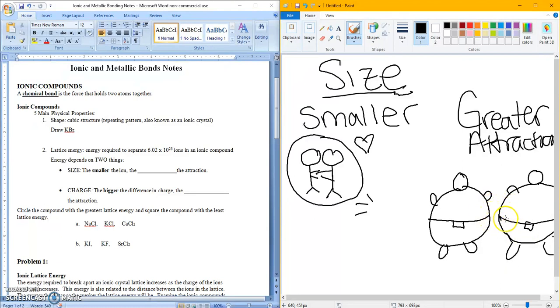So because they're so big, they're kind of trying to grab each other and get their arms around each other, but it's pretty difficult. So it's easier to separate sumo wrestlers rather than it is to separate my little toddlers. So remember, smaller is harder to separate than bigger, okay? Just like your sumo wrestlers.